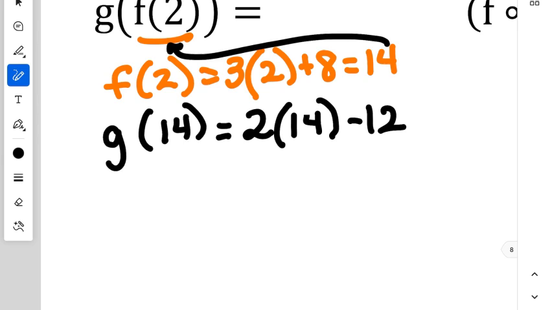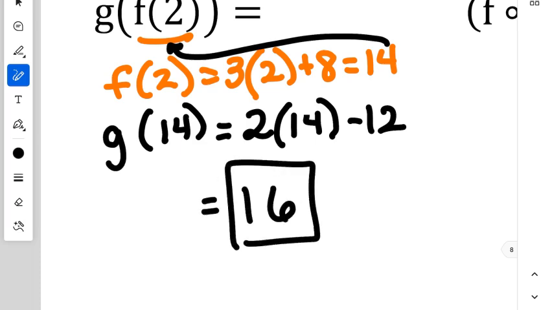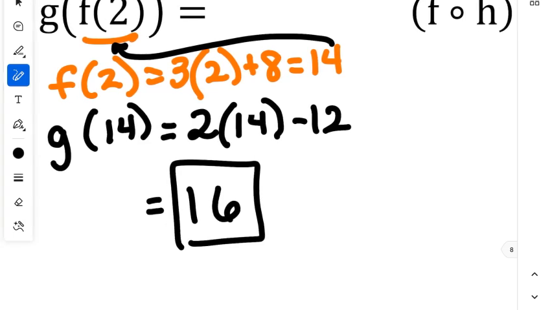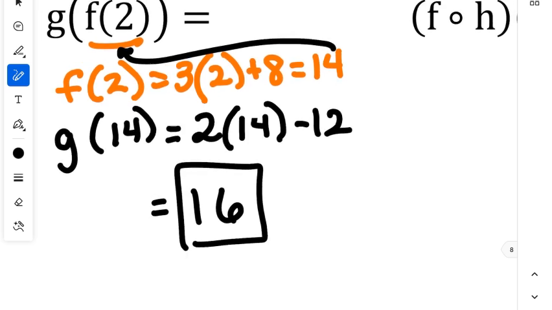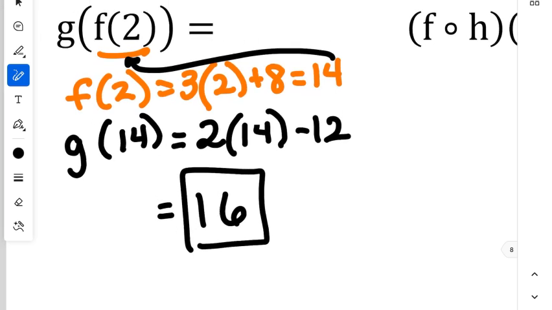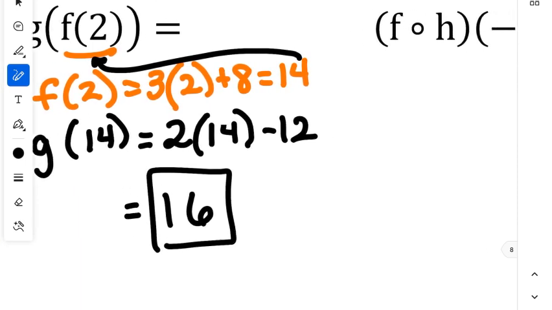Go ahead and do that. 16. Yeah, it equals 16. Okay, so it's 2 steps. You got to do the inside of the parentheses and then take what you get from there and put it in the first function, which is the g function.